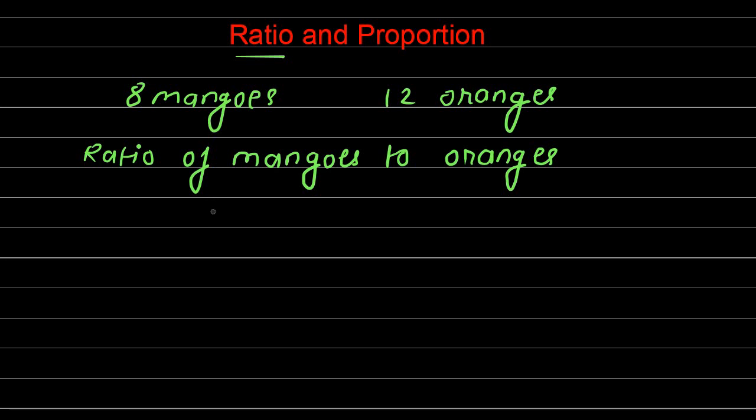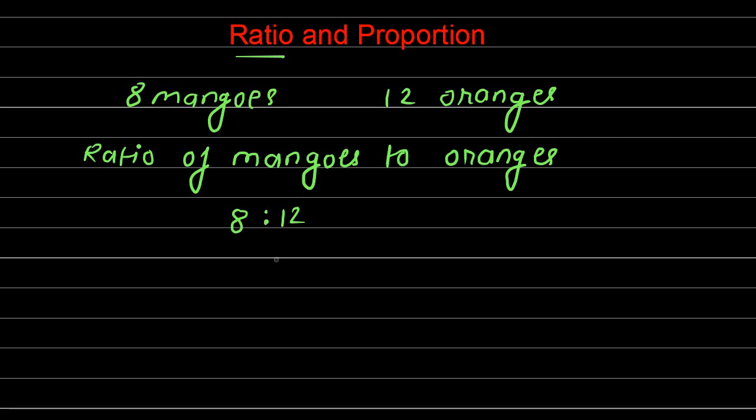So first you should write 8, that's the mangoes number. And then how do we write a ratio? That is with these two dots. 8 is to how many oranges are there? 12 oranges are there. So yes, this is our ratio of mangoes to oranges, right?